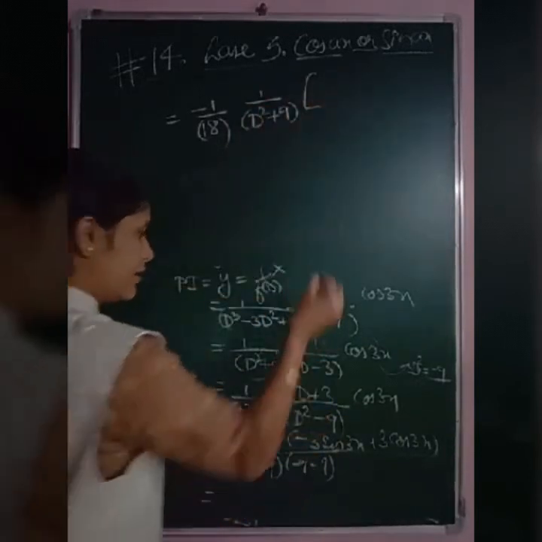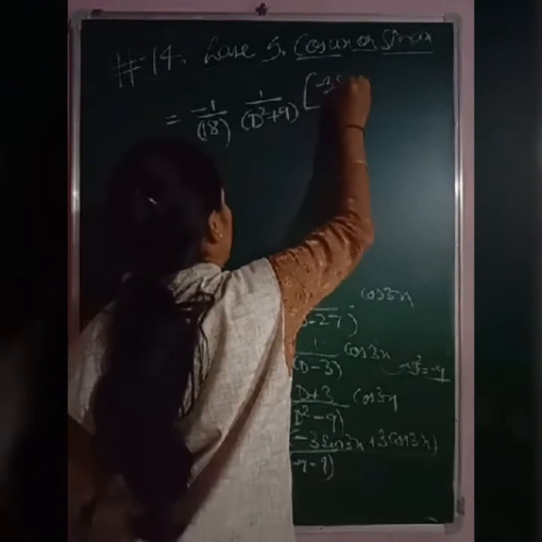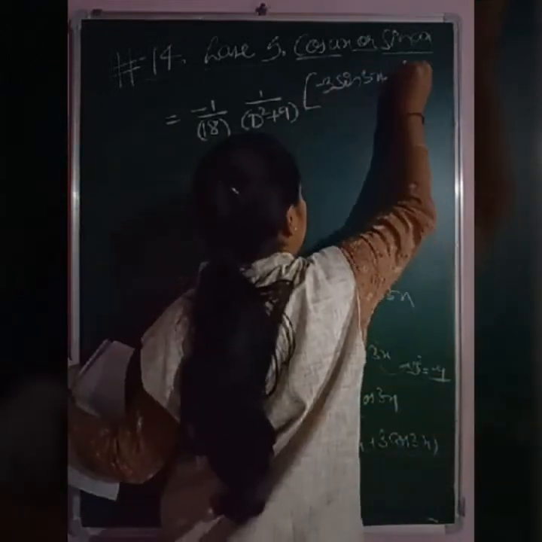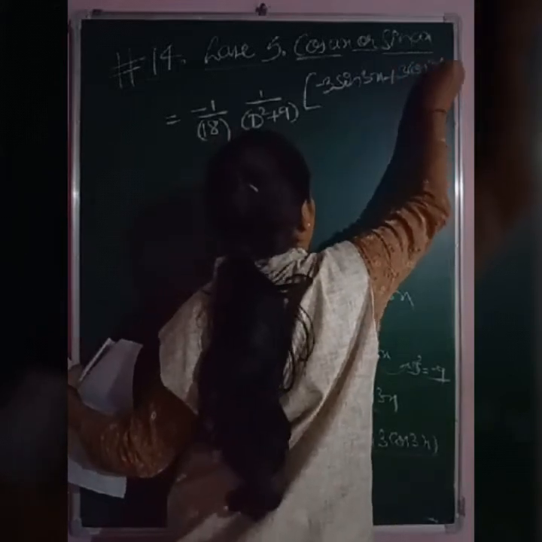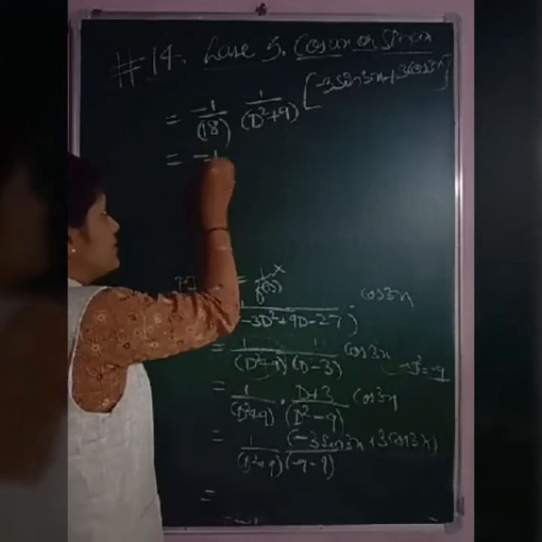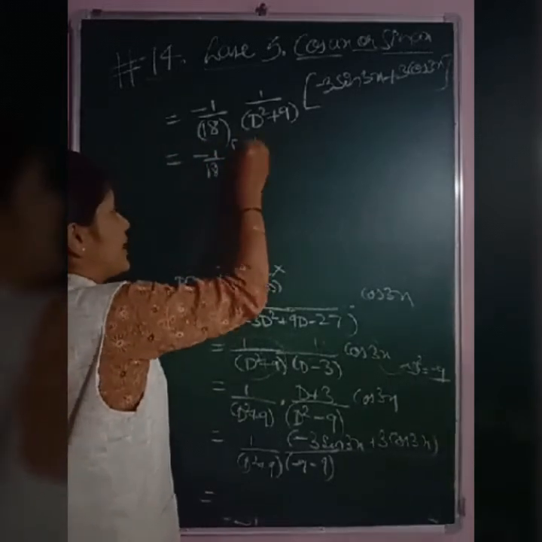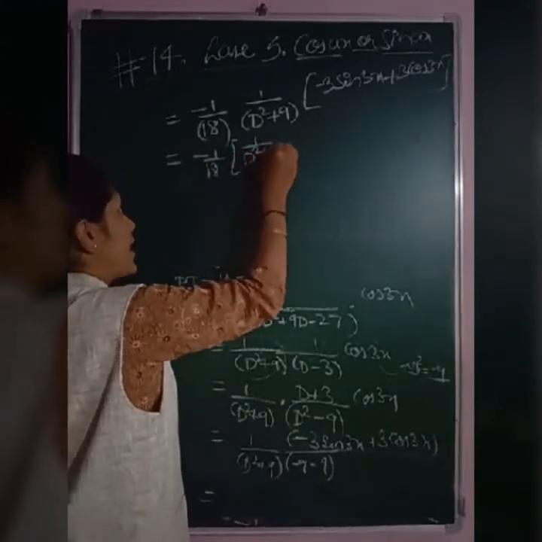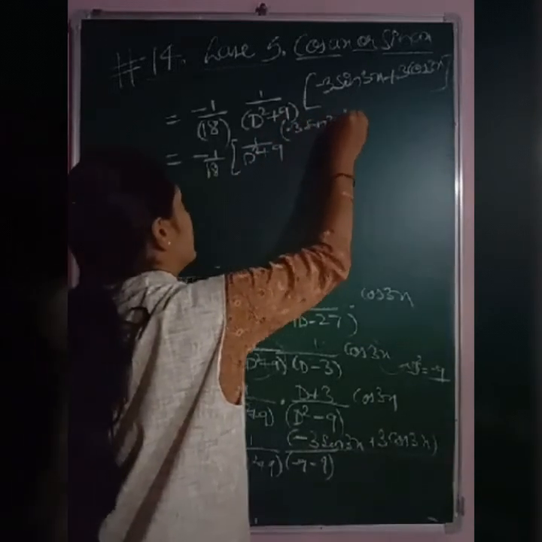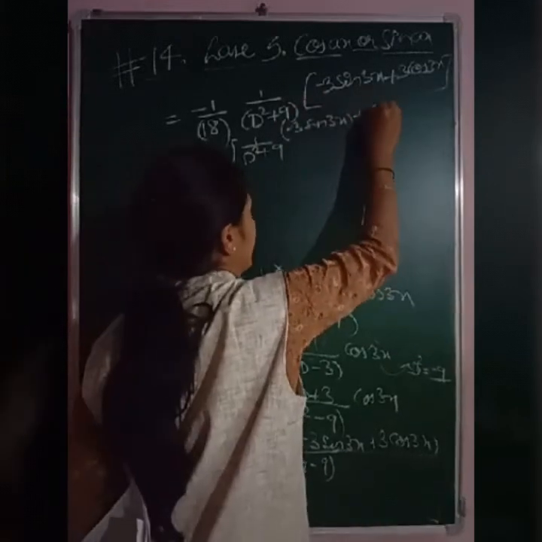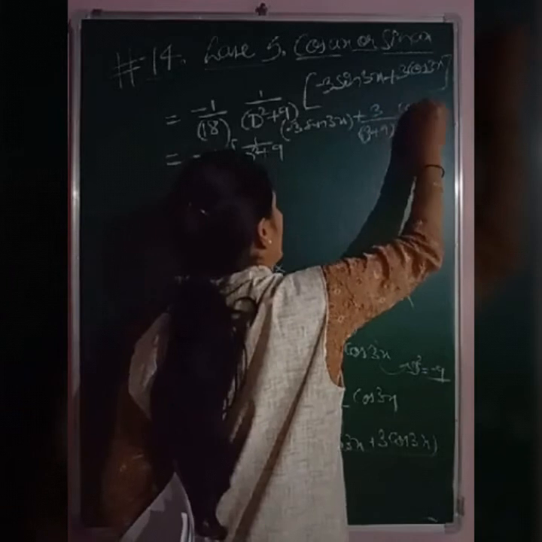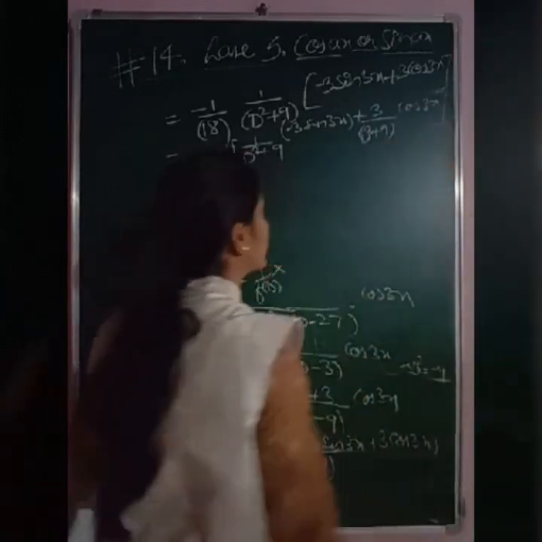What is remaining? Minus 3 sin 3x plus 3 cos 3x. So this we can write as 1 upon D square plus 9, minus 3 sin 3x plus 3 you can write here 3, D square plus 9 cos 3x.